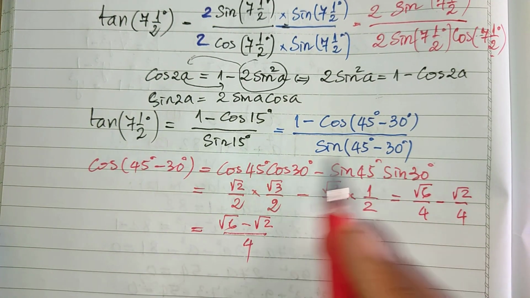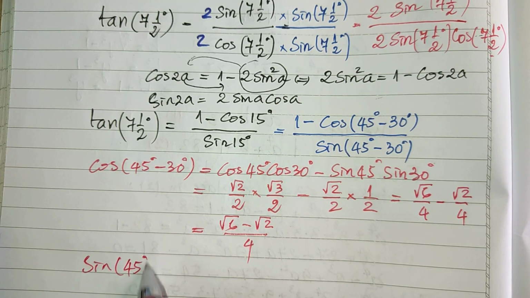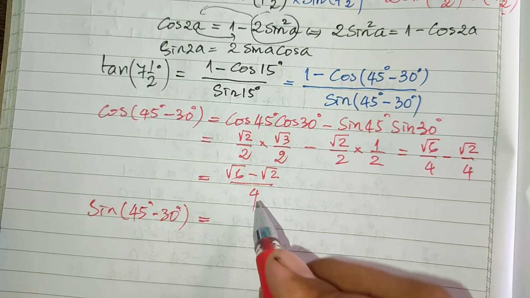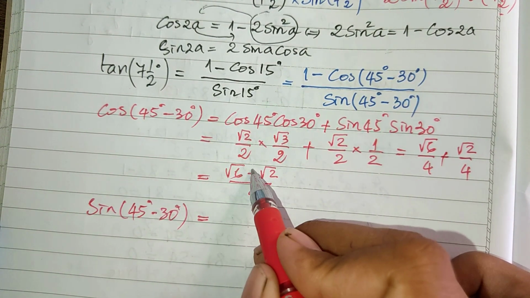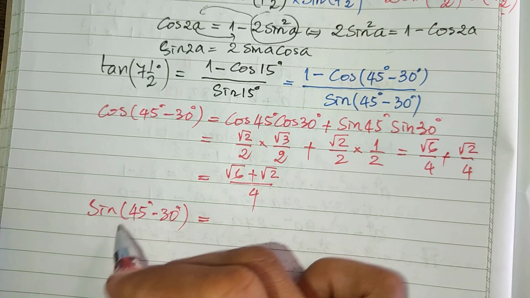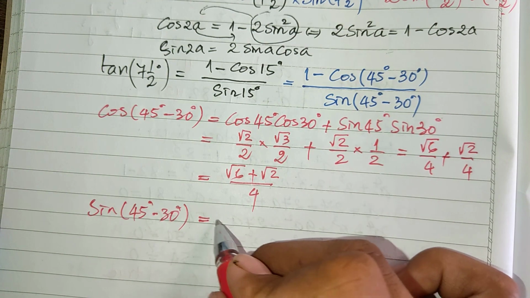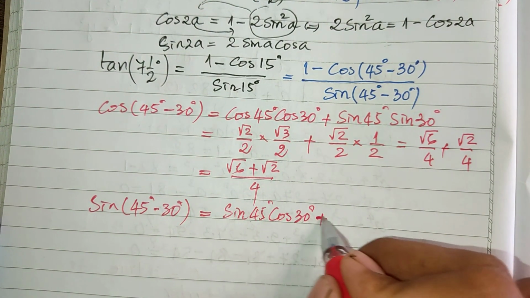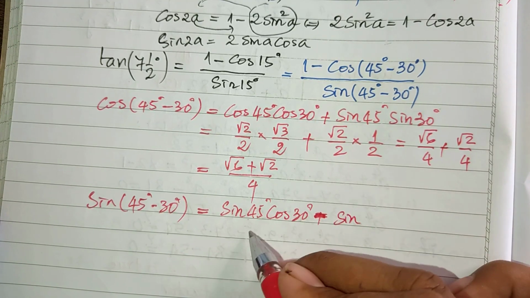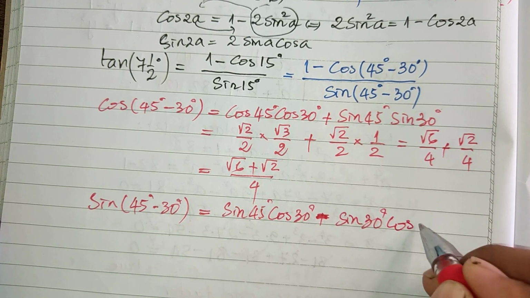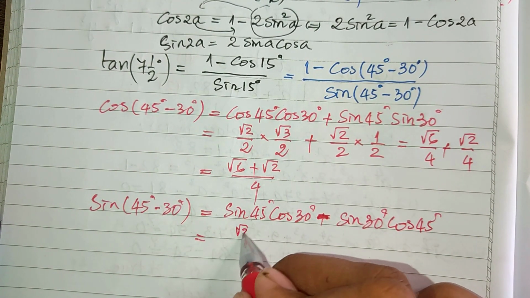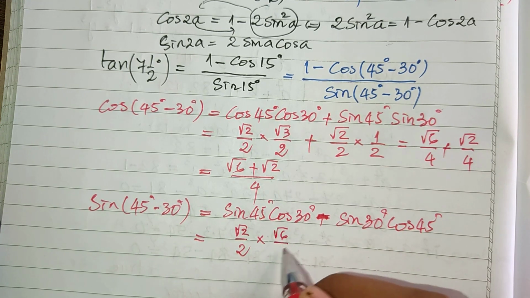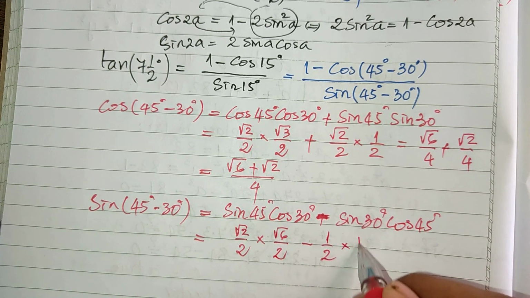And sine of 45 minus 30 degrees is equal to sine 45 cosine 30 minus sine 30 cosine 45, which is square root 2 over 2 times square root 3 over 2 minus 1 over 2 times square root 2 over 2.